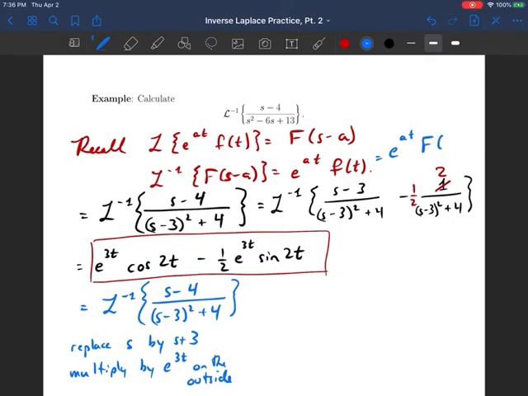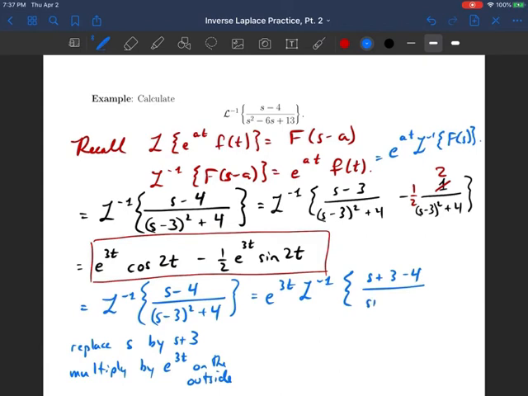that's equal to e to the at times the inverse Laplace transform of F of s. So basically you can take s minus a and replace it with s, which is the same as saying take s and replace it with s plus 3.